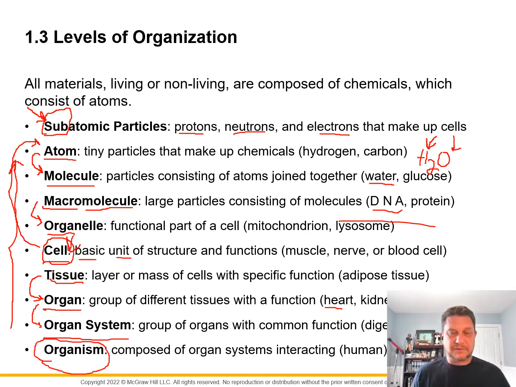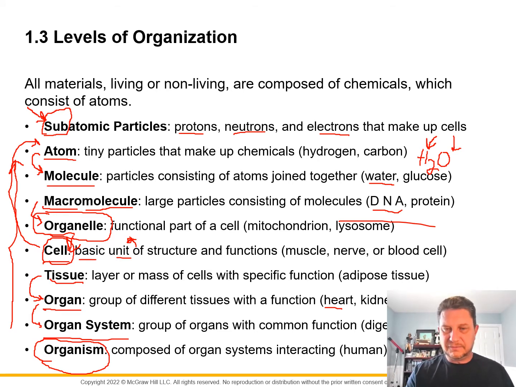Now, I will tell you on the first test, I will probably have this list jumbled up and have you put them in order. Now, most people get all of these right, except for organelle. For whatever reason, people kind of forget that the organelle is the organs of the cell. So organelles make up cells, all right? They're what group together to make up cells. But I hope all that makes sense.